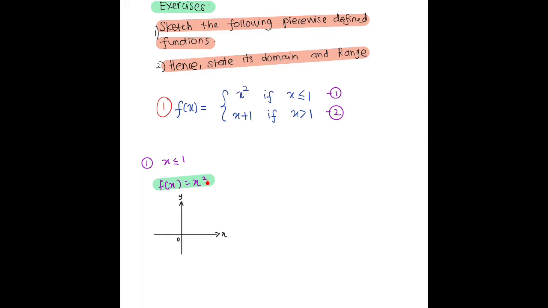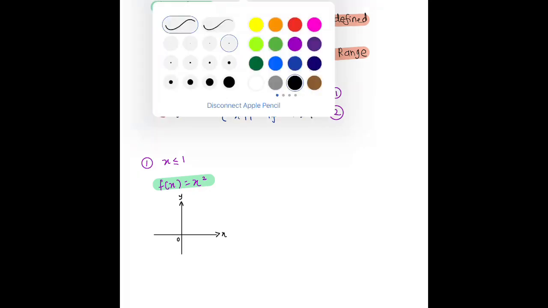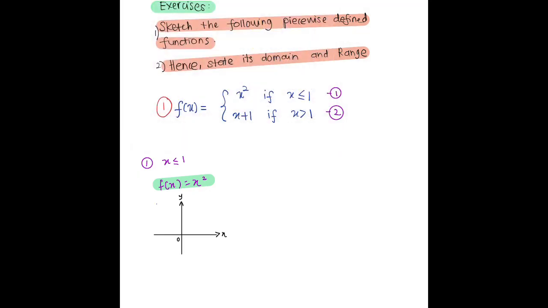So now this is a square graph. Then let us draw a smiley graph here. For a smiley graph, we need to give a few points. For example, 0, 0, and then this is 1, 1, this is minus 1, 1. So that is the basic coordinates that you need to give for a square graph.